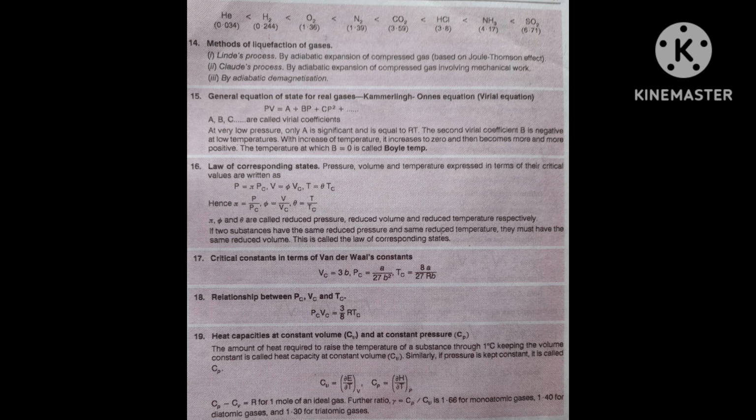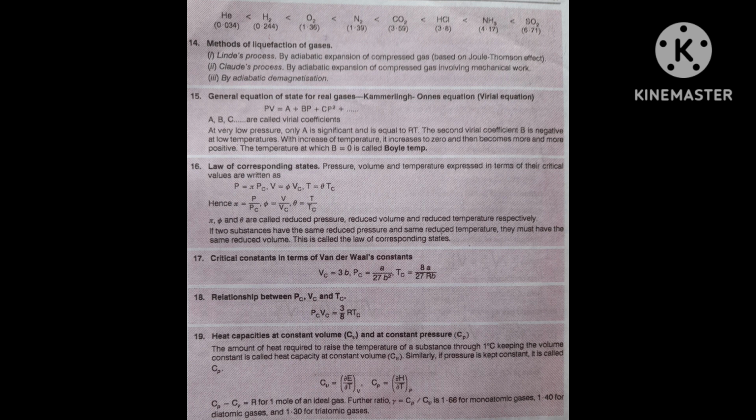H means enthalpy. Enthalpy is equal to E plus Pv. Then in Cv only E you are considering. Here Pv, P into delta V, work done, that also you are considering. Then here it is del H. Cp is equal to del H upon del T at constant P.